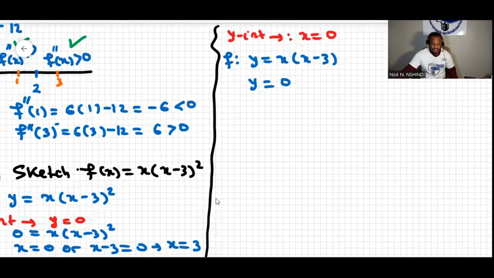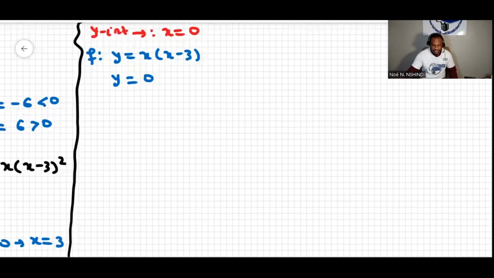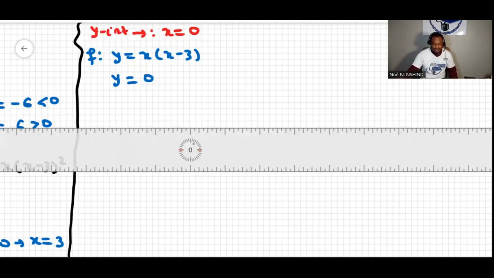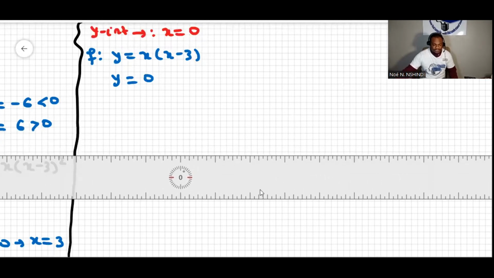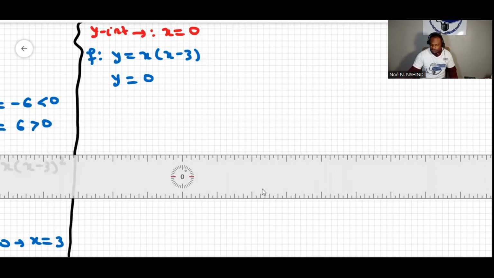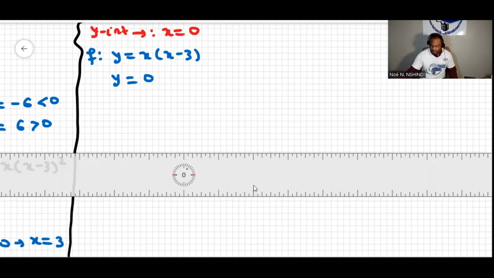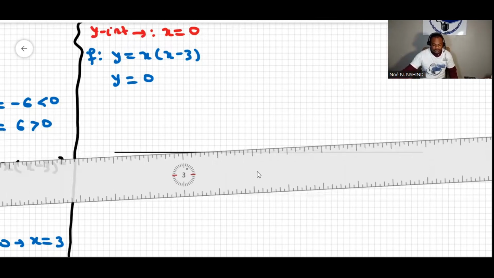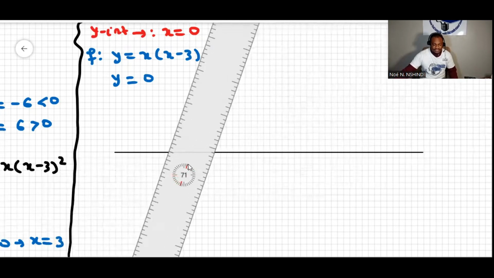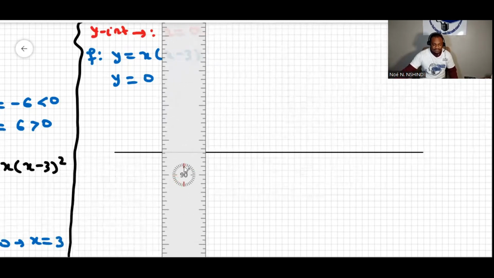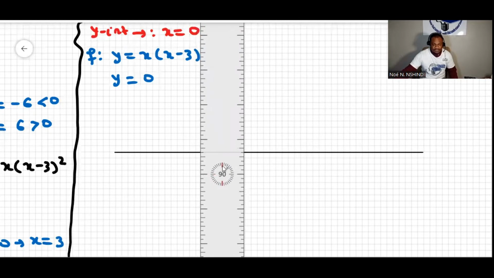Now, let's draw the graph. I want to draw my graph here. Actually, my ruler was there already. So I want to draw it somewhere like this. That's the horizontal axis, the x-axis. Now let's draw the vertical axis. Okay, I'll draw my vertical axis over here.